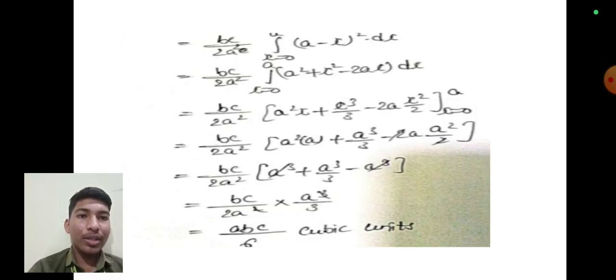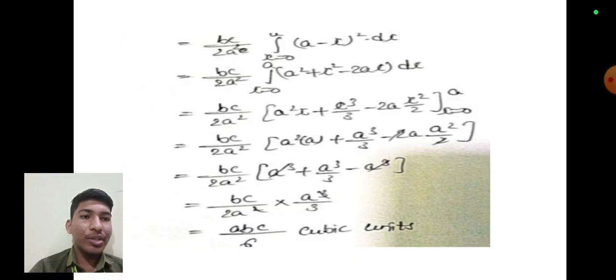BC by 2a square, integral of x from 0 to a: the integral of 1 is x, the integral of x square is x cube by 3, the integral of x is x square by 2. So a square into x plus x cube by 3 minus 2a into x square by 2, from 0 to a.